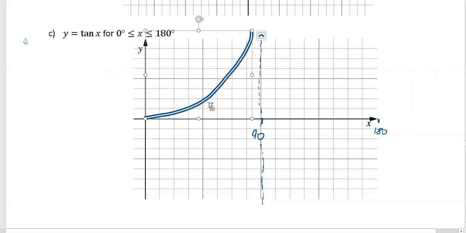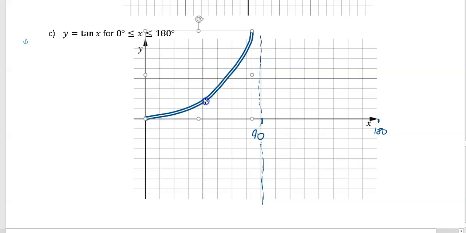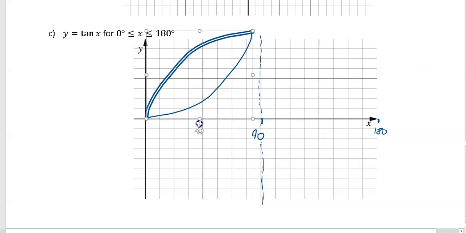Now, if I take this section and I rotate it round, that would be the same wee section as if it were like this. So I'll put that bit down here now.